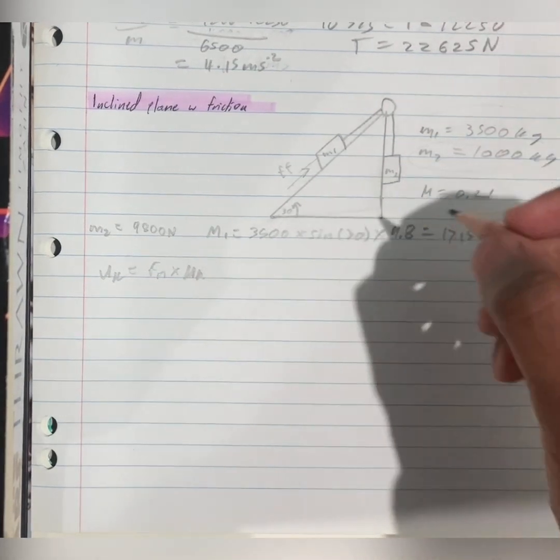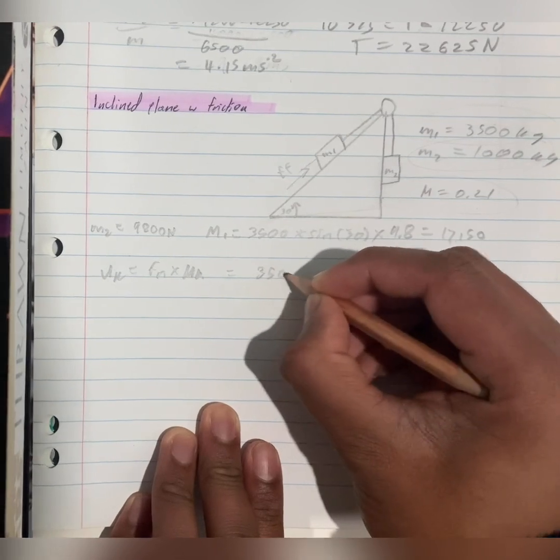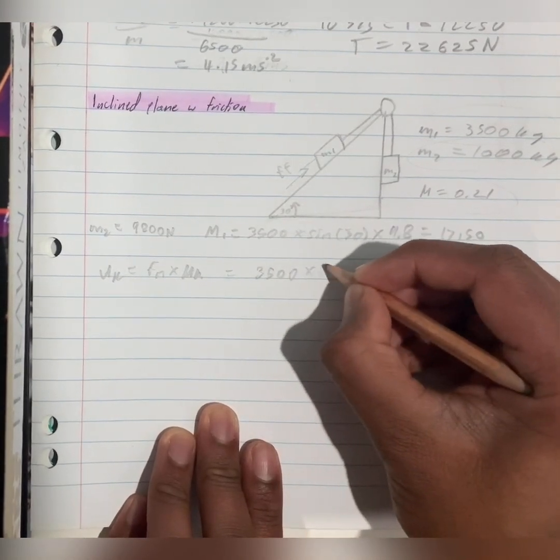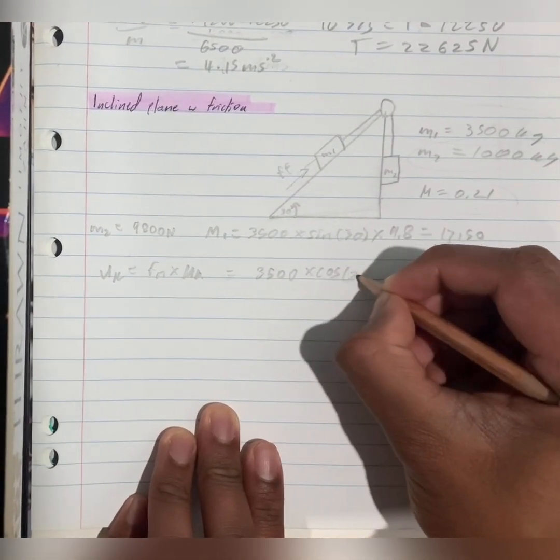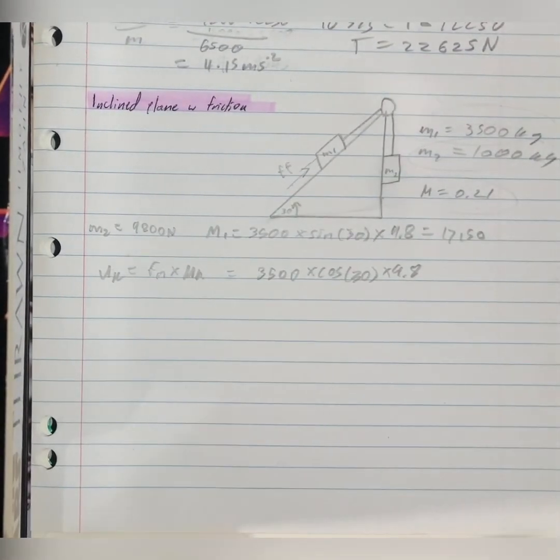So, on an inclined plane, a simple way to calculate the normal force is to just do 3,200 multiplied by cos 30 multiplied by 9.8. This immediately gives us the answer to the normal force. And all we have to do after we get that normal force is to apply it.